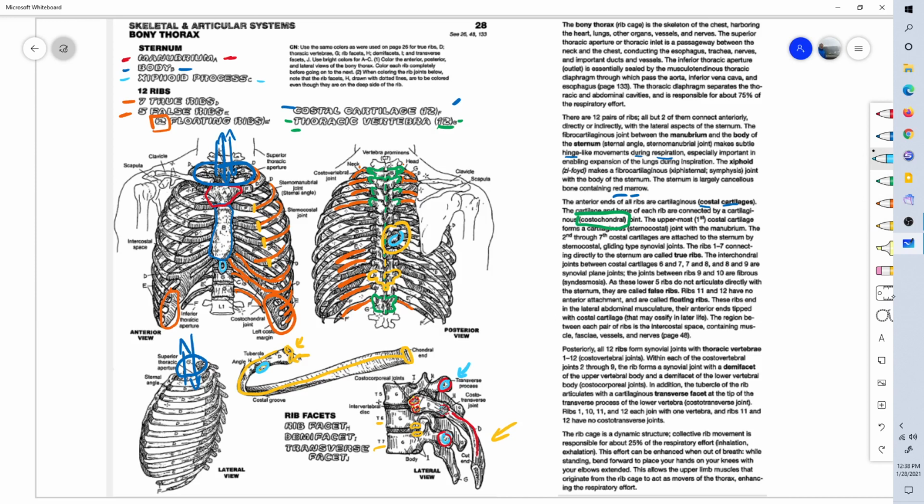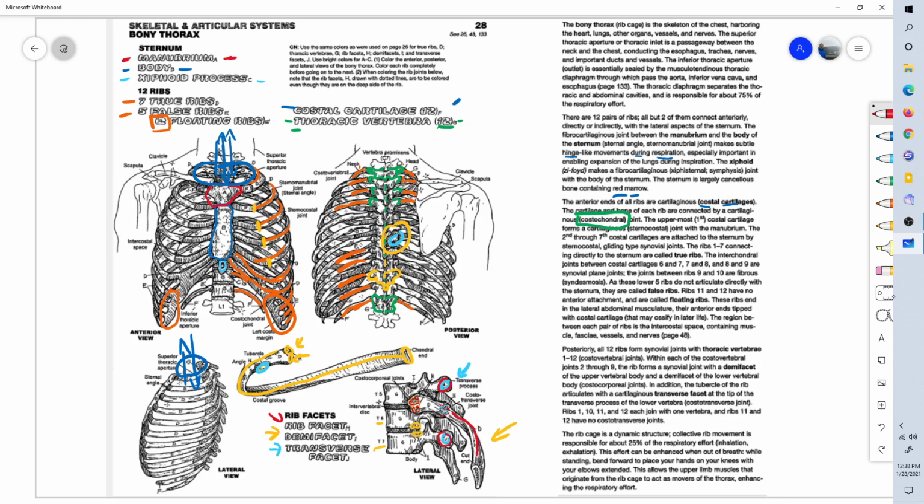And here you see the tubercle articulating with the transverse process facet, the transverse facet. You get your transverse facets, you have your demi facets, and you have your rib facets.